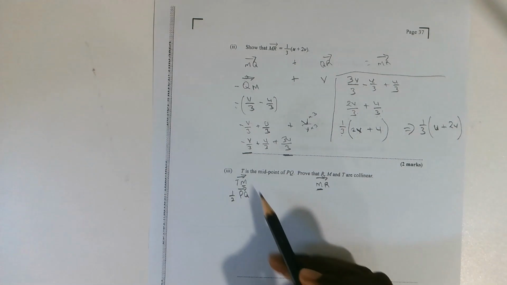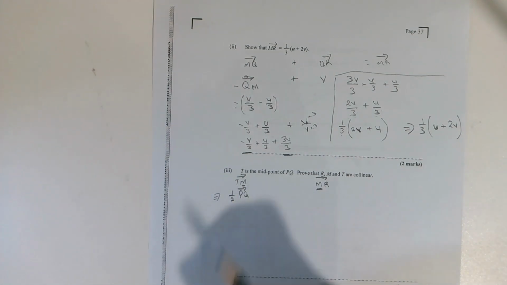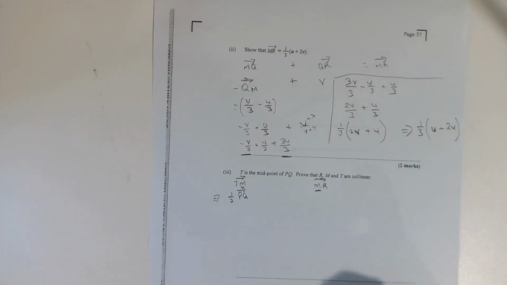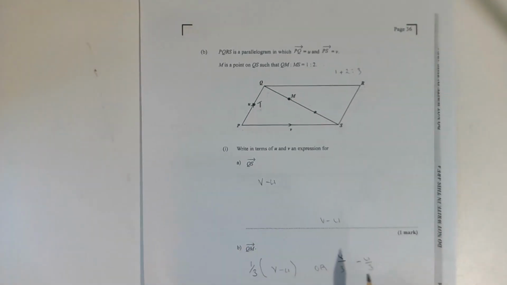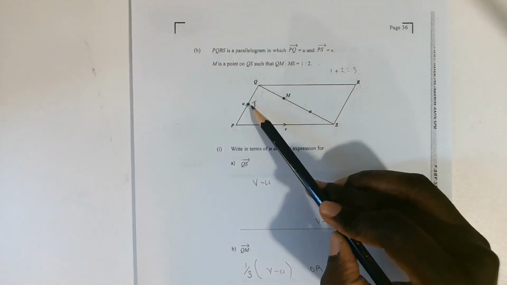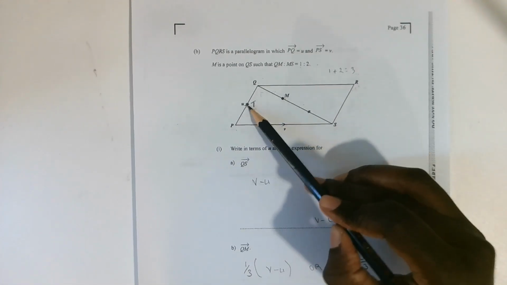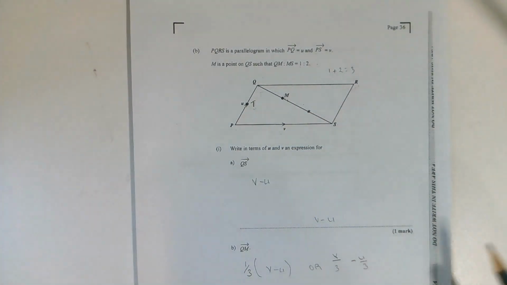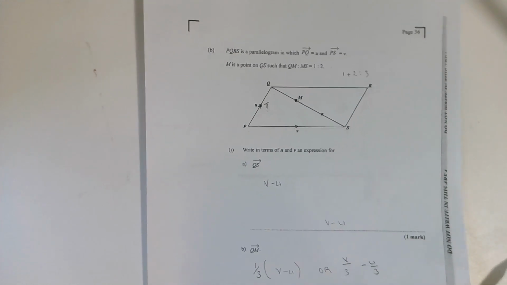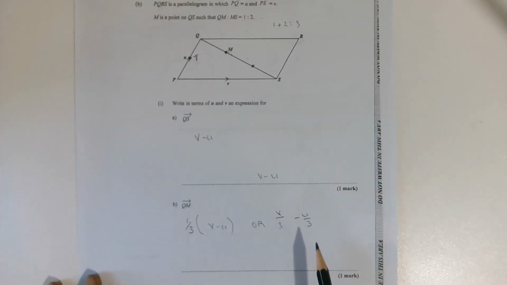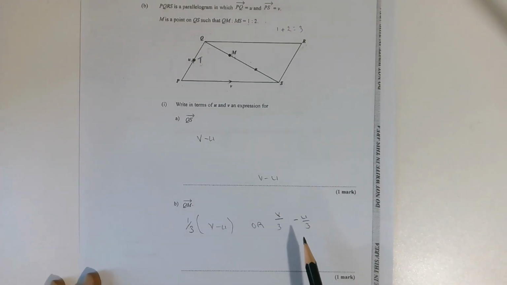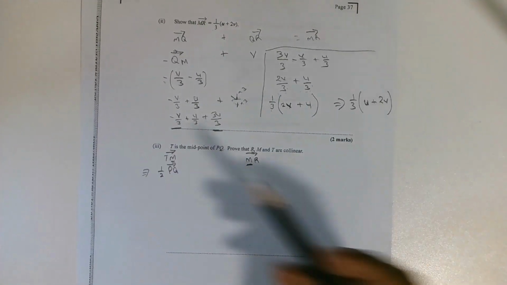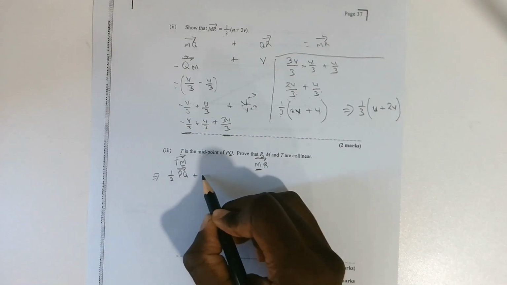So vector TM is equal to half of PQ, and also we need to get from Q to M. We calculated vector QM before, which was a third v minus u, or v over 3 minus u over 3.